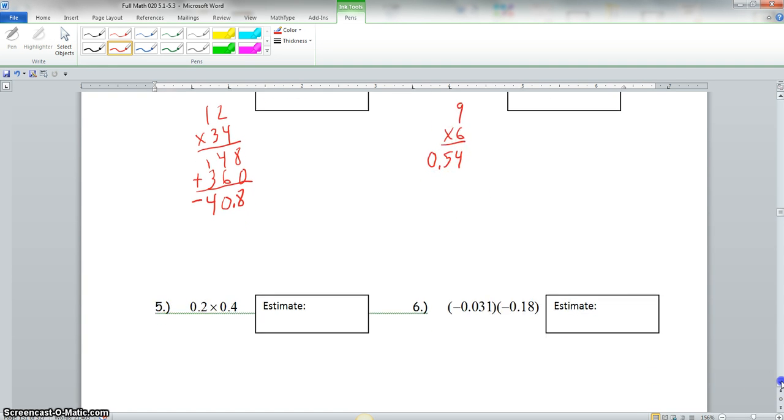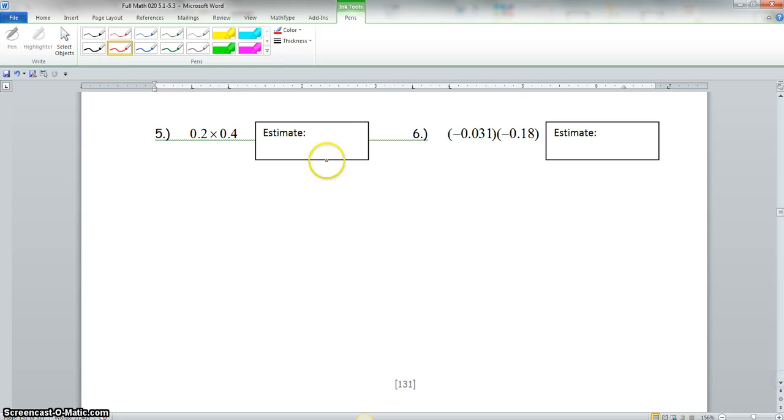Now, we go down here to number 5. We have 0.2 times 0.4. So this is the same as 2 times 4. 2 times 4 is 8. Now if you notice here, when we add up how many digits we have behind the decimal for the 2 factors, we actually had 2 digits. But we only have 1 digit here.